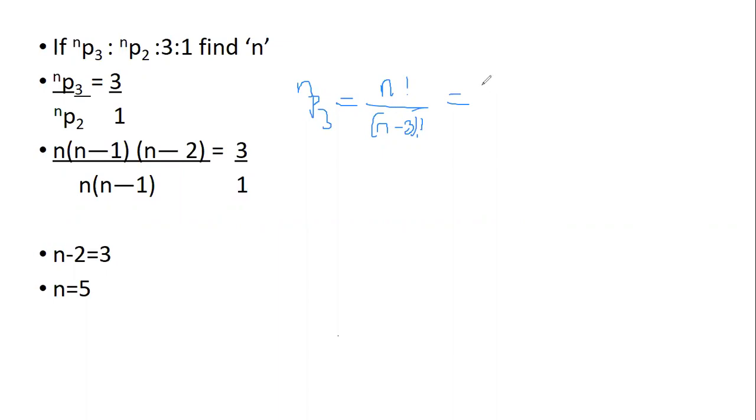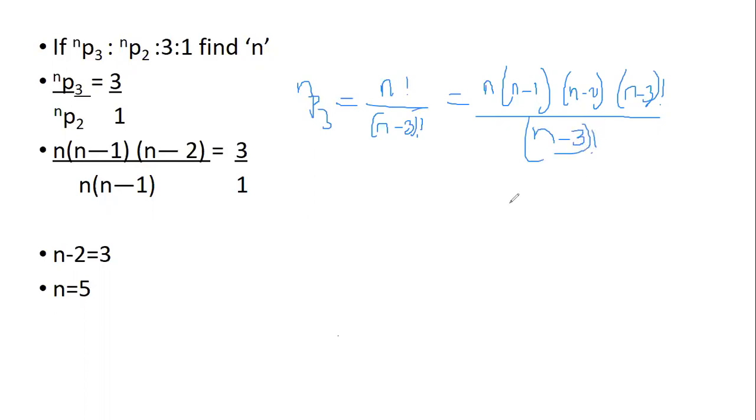Now n factorial is nothing but n into n minus 1 into n minus 2 into n minus 3 factorial, divided by n minus 3 factorial. Correct? Is this correct?